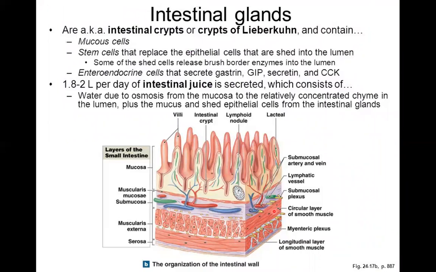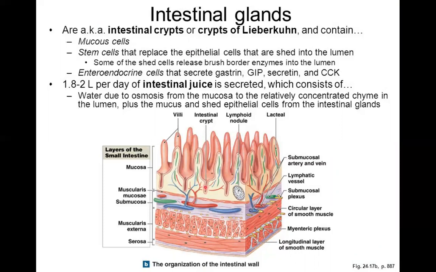نيجي هسه مثل ما قلنا اكو gastric glands with its cells، اكيد اكو intestinal glands okay with its cells to complete the function of digestion. فاحنا هناك قلنا اكو gastric pit، هنا ما راح يسميها، راح يسميها intestinal crypts.